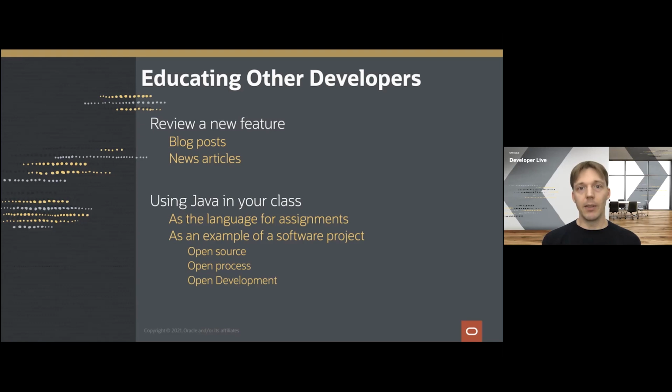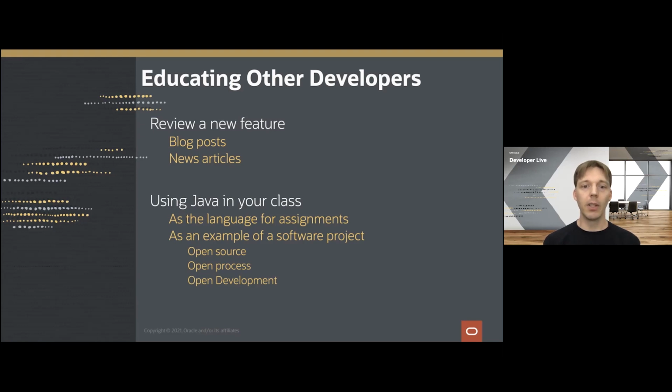If you're involved in teaching or education of some kind, maybe you can use Java as the language for assignments, or as an example of a software project. And actually using the OpenJDK as an example for software development classes that talk about process and how to perform development is a very good example, because the OpenJDK is a very open project, even compared to other open source projects.